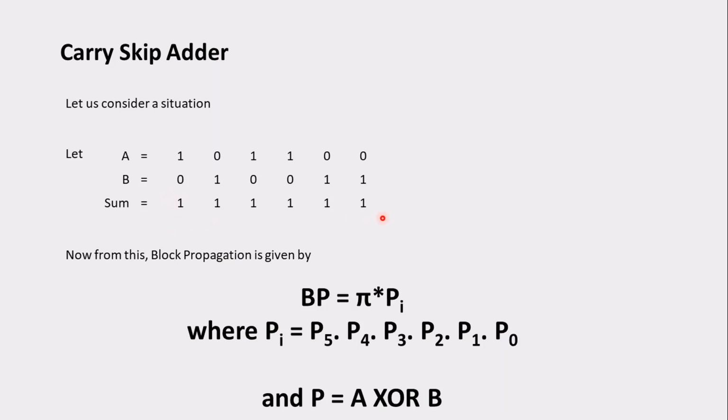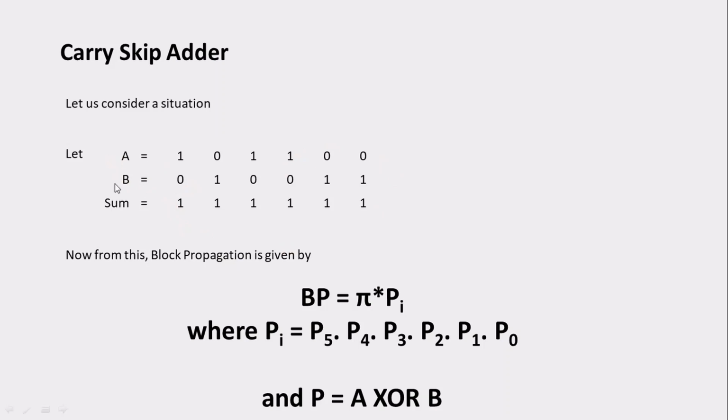So by looking into this consideration, we can forget about this carry and perform all these bit operations in parallel, so that the delay can be reduced. This scenario happens when A is totally not equal to B.